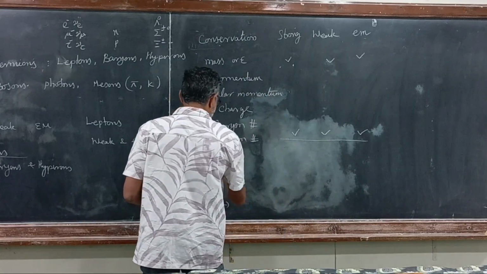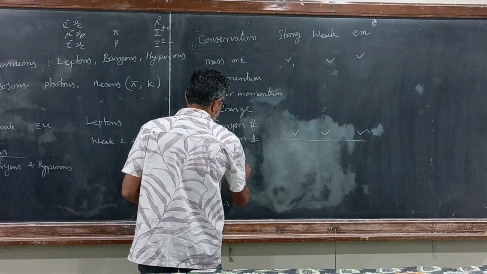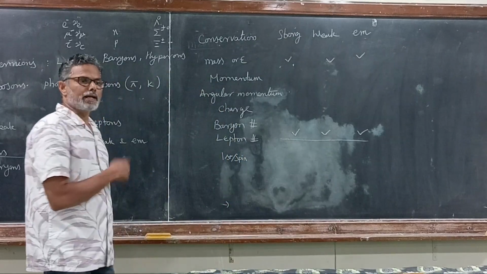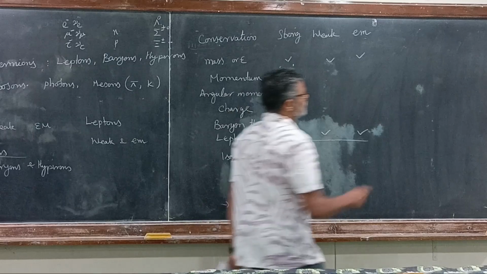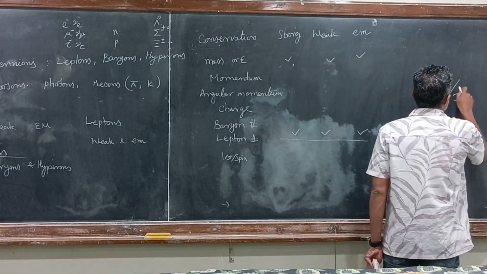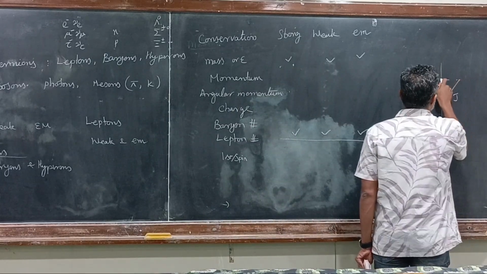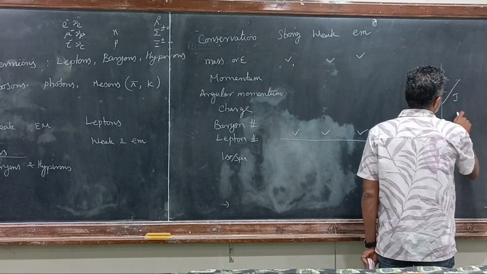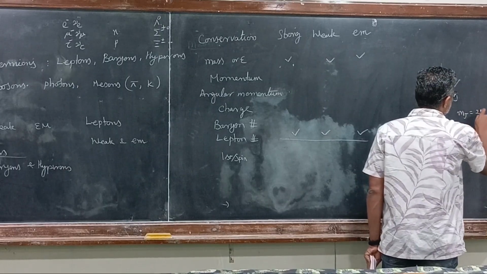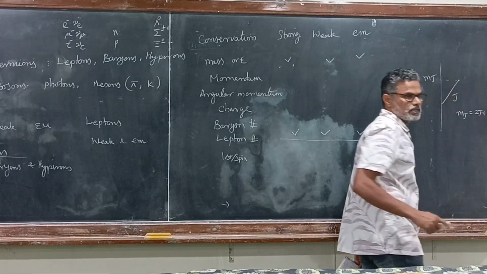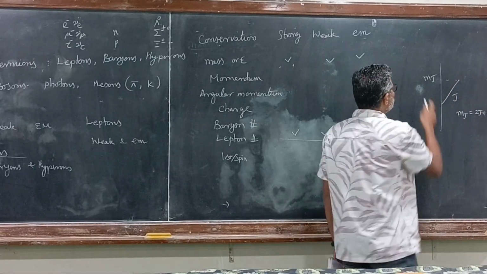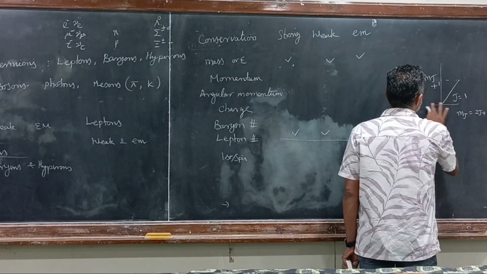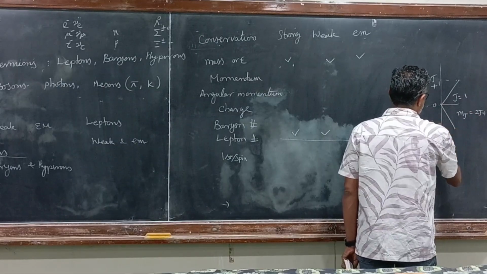Whereas this isospin value, isospin is nothing but the third component of the angular momentum. Your angular momentum, let's say if you have this J, the third component is basically mj. So for a given j value, your mj will have 2j plus 1 values. For example, j equal to 1, the mj can have plus 1, 0, or minus 1.